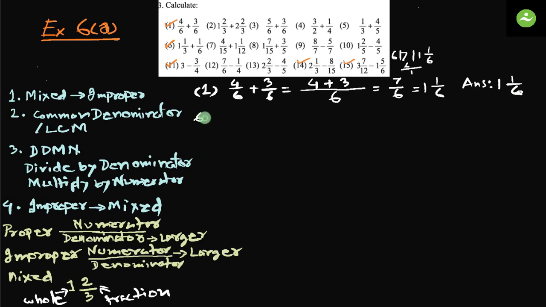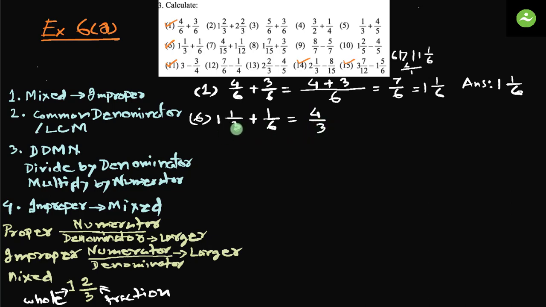Number 6. 1 and 1/3 plus 1/6 equals to, now yes, there is a mixed fraction, change it to improper, so equals to 3 into 1 plus 1, so 4 and 3 remains 3.